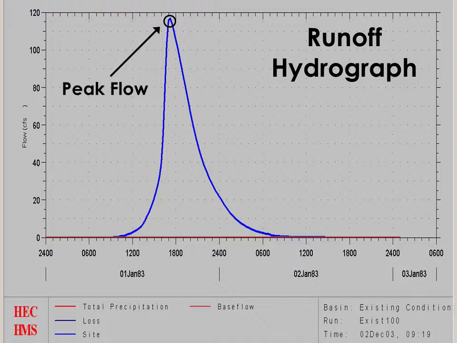The other thing that's important is the volume under the curve: the volume of runoff is the area under the curve. The model will tell you the volume, but you can also calculate it in a spreadsheet on a time increment basis, of time versus flow at each time step, and just take an average.